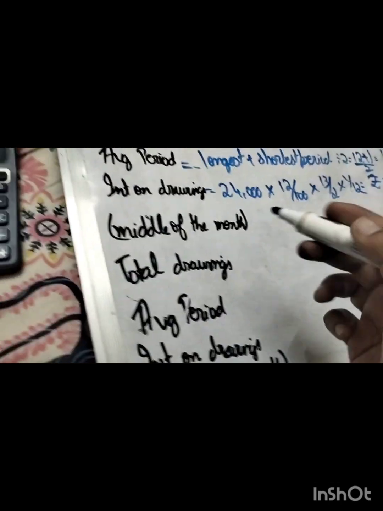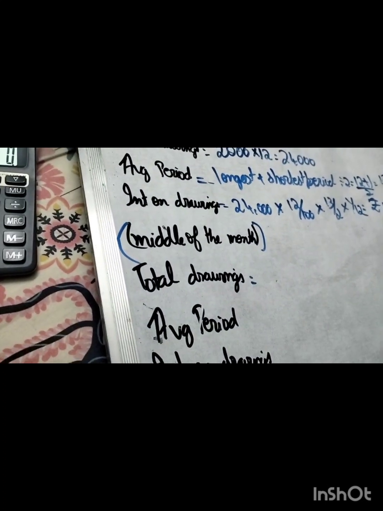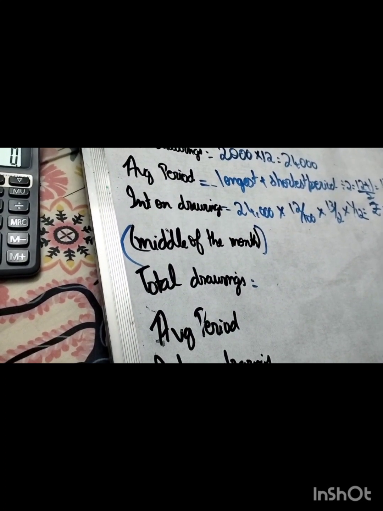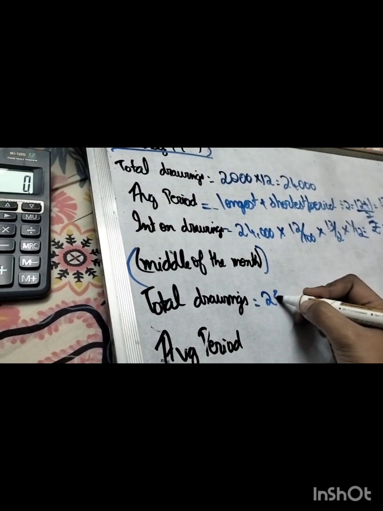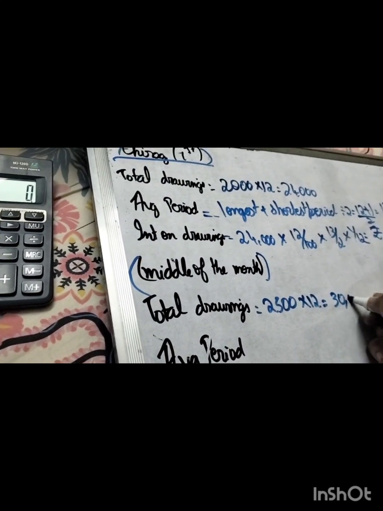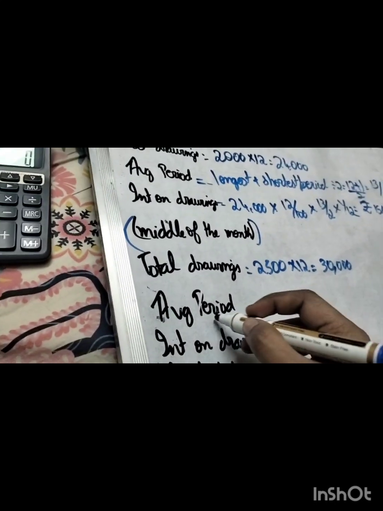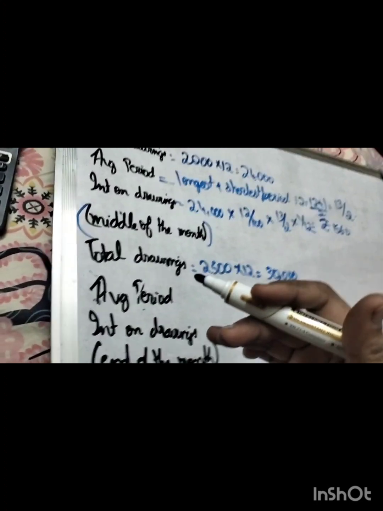Okay, next it is for the middle of each month. Total drawings, let's read: Pavan 2500 on the 15th of every month. So 2500 into 12, so that's going to be 30k. Average period I just showed you, you reduce 0.5 because it is yearly.